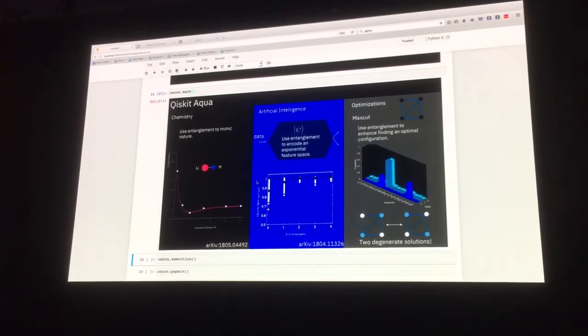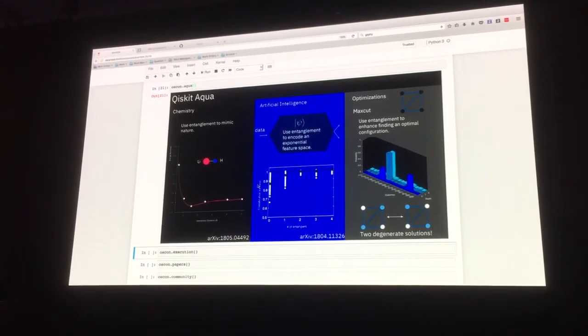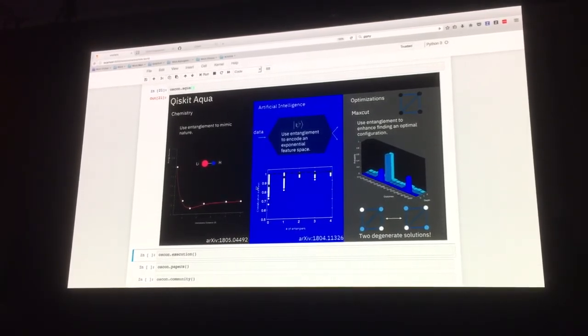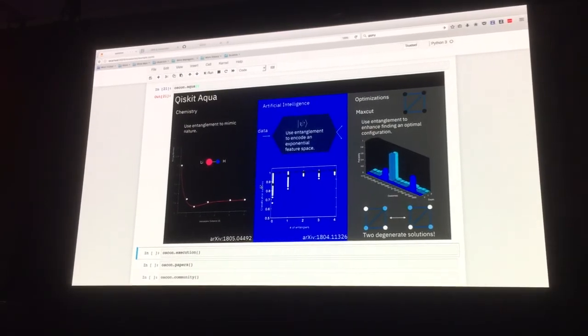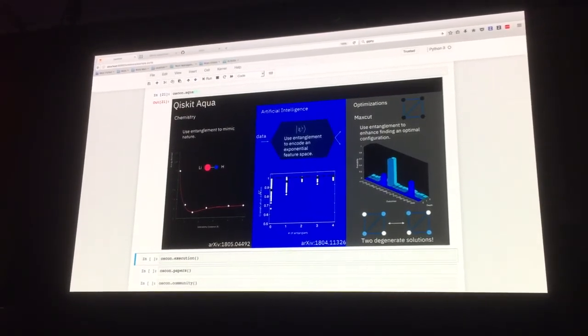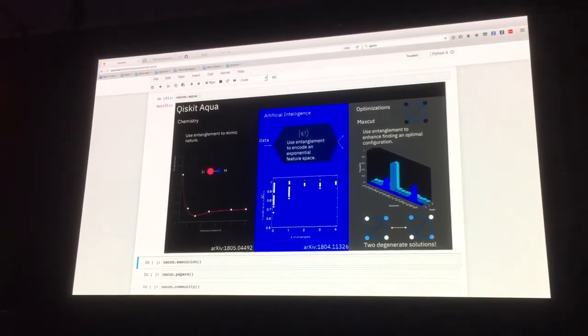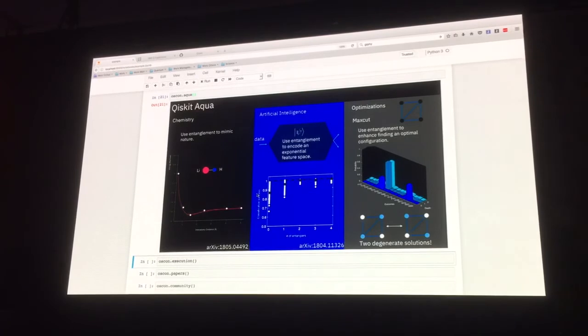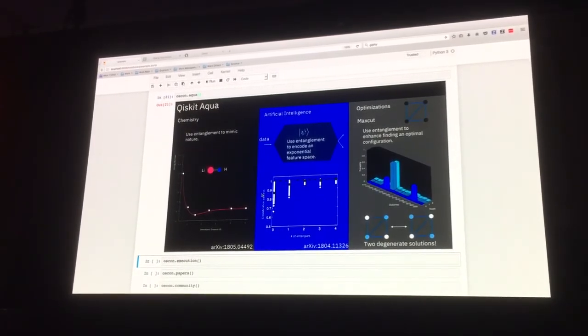The second one is, I'm not going to say it's going to change artificial intelligence or anything like that, but what we have access to is feature spaces that, if you were to mimic them on your classical machine, would take exponential resources to simulate. So what we're exploring is how we take this quantum data and extend it up into this entangled space, do the classification and project it back down.